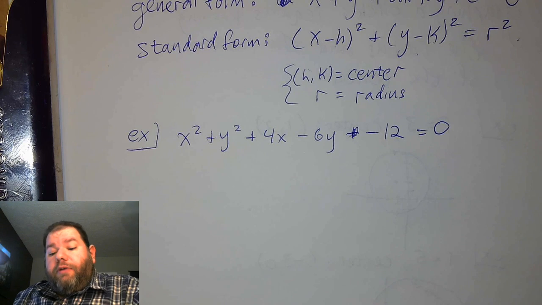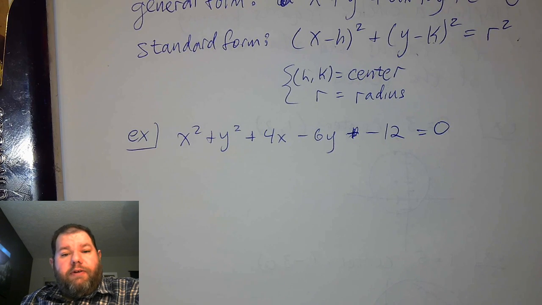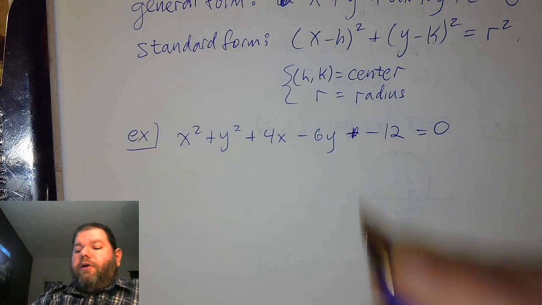For an example, we have x squared plus y squared plus 4x minus 6y minus 12 is equal to 0. Now, the approach that we like to do, there's a multiple step approach here, unfortunately. First thing we'll do is we'll move the constant to the right, which means our minus 12.